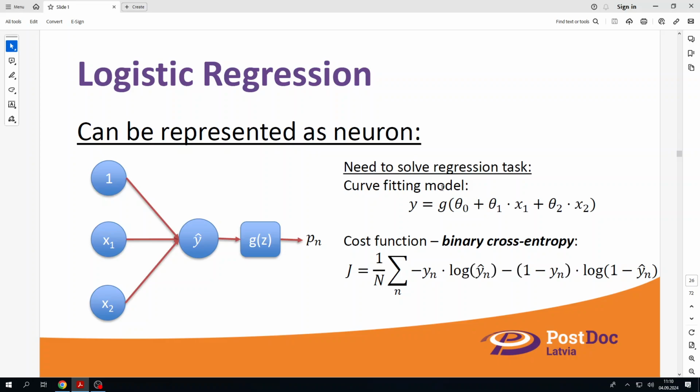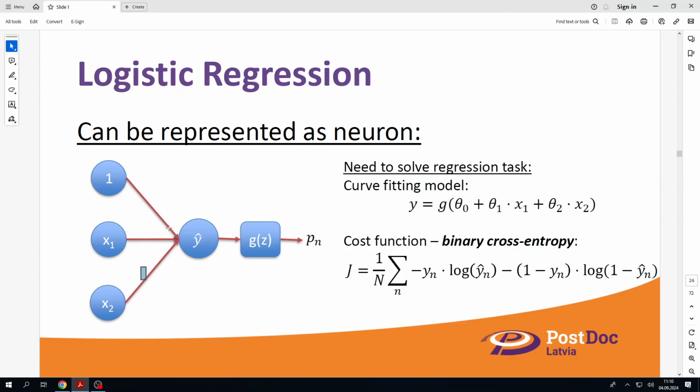Now, this entire logistic regression problem can be represented as one single neuron. You have your inputs x1 and x2. You have theta parameters: here you have theta 0, here you have theta 1, and here you have theta 2 multiplied by these.